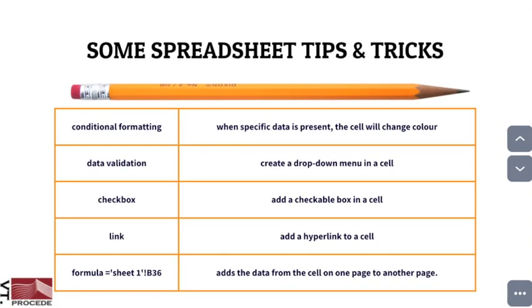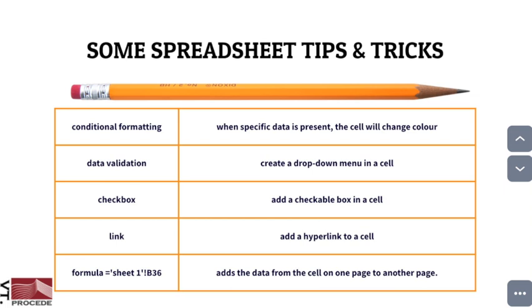Just to recap, some of the spreadsheet tips and tricks that we saw were some conditional formatting, where when specific data is present, the cell will change color. We also saw data validation, where that's how we created a drop-down menu in a cell. We can do different types of drop-down menus, we can also incorporate a calendar. We can do a few different things with data validation.